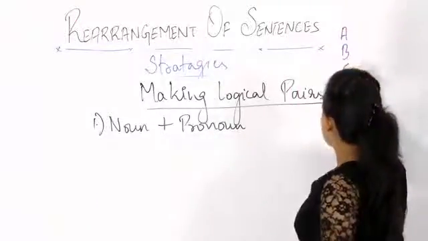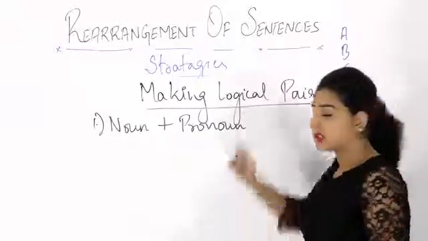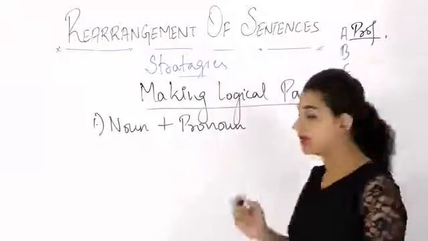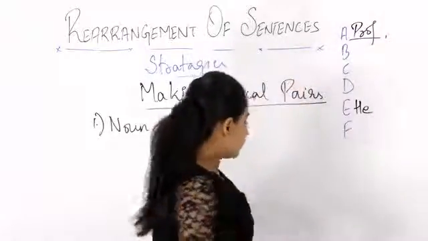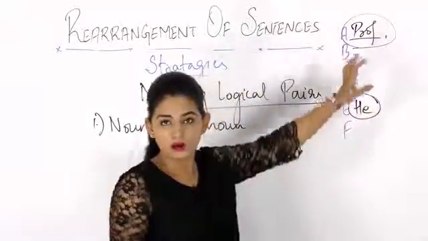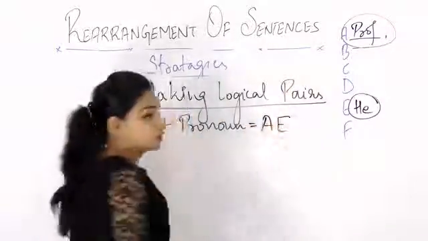For example, now suppose we have 6 sentences given as A, B, C, D, E and F. Now in sentence A, we have Professor 1, and in sentence E, a he is speaking something related to Professor 1. Now we very well know here he is indicating Professor 1 only. So you know that we will place A and E together.